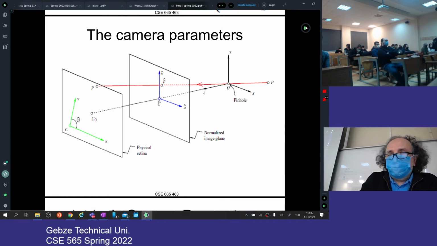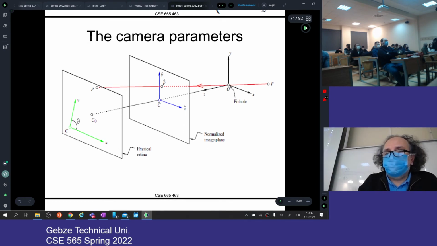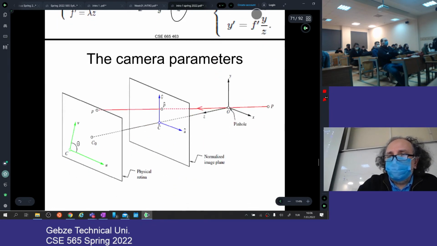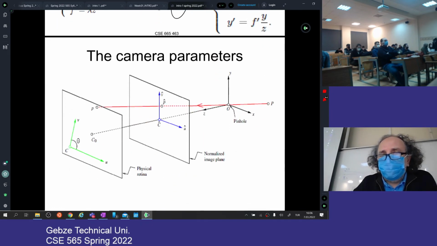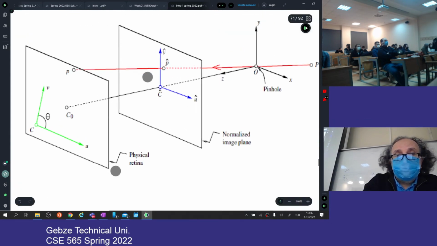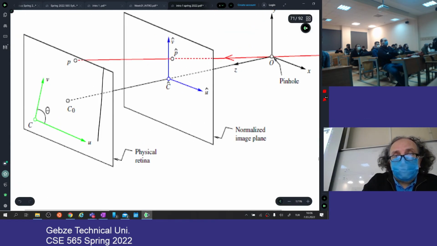So far we worked on normalized image planes. We assume that there is an image plane and our point is projected to it, and for this one our equations are like those. But in the real world we don't talk about image positions in millimeters. We talk about image positions in terms of rows and columns.